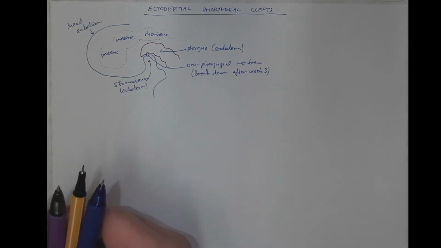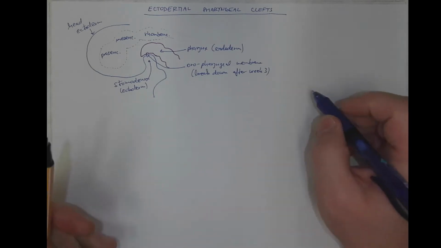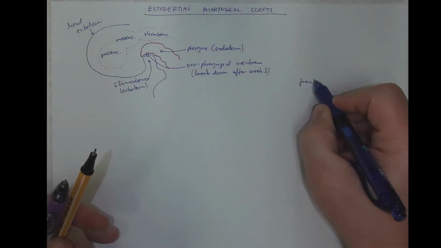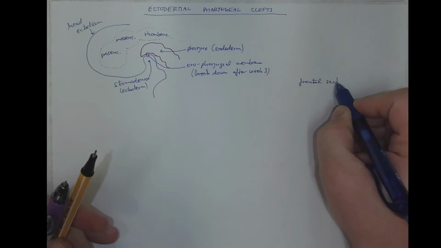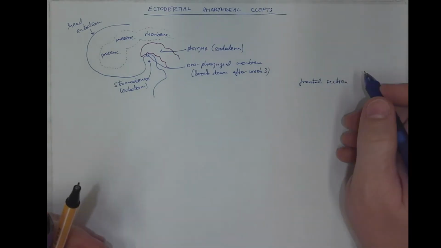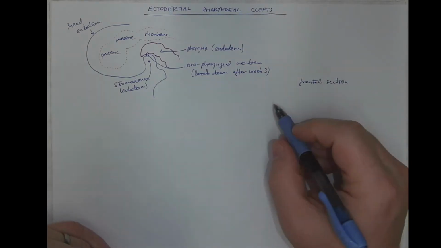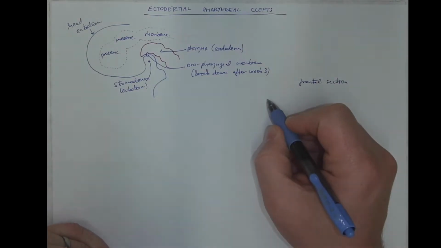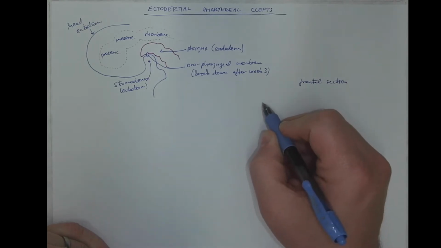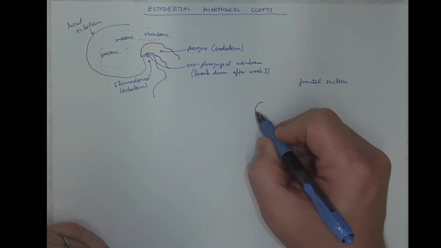Let's make a frontal section for that purpose, through the region of the pharynx. We would see that the tissues form so-called pharyngeal arches there.